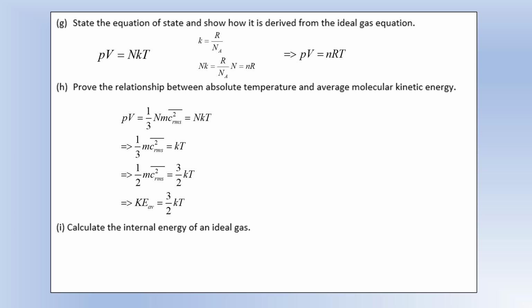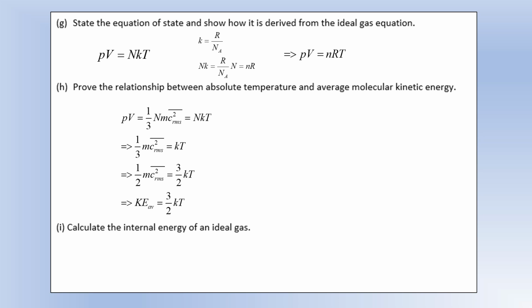What we've got on the top line here is a slightly modified expression which allows us to figure out the pressure with a whole system of gas particles. So we've got N gas particles, each of mass m, in a container of volume V, and they have a certain root mean square speed.